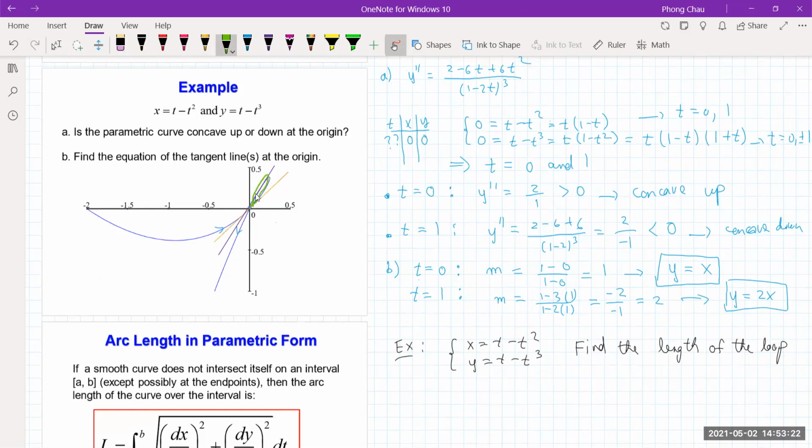So as we know, when t equals 0, we are at the origin, right? So it goes back, and then when t equals 1, it's back to here. So when t equals 0, we're at the origin. When t equals 1, back to the origin. So the complete loop.